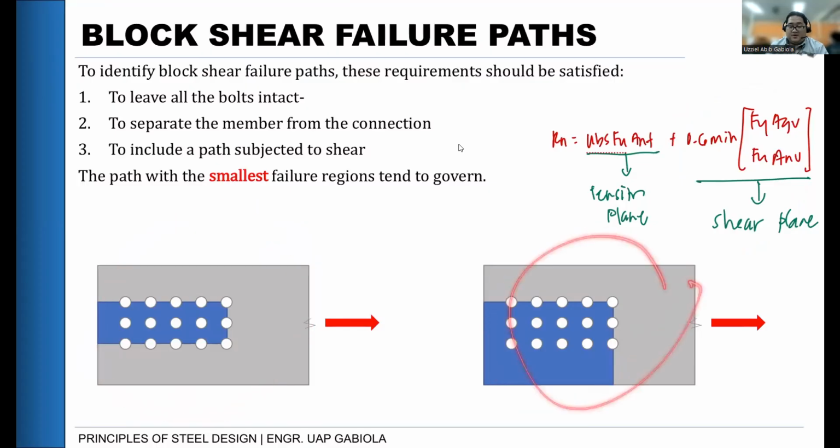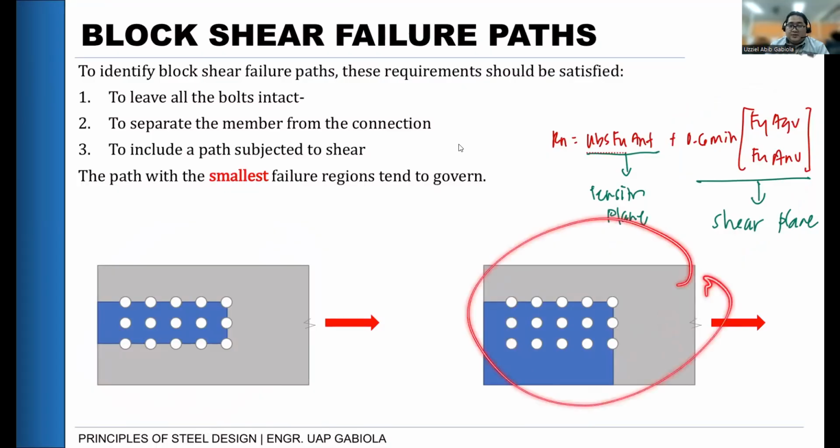So ito yung mag-govern na connection natin. Pero to be sure whether which failure path will govern, you need to calculate both of them para maipakita kung alin talaga yung mag-govern sa kanya, and also for you to have a sense of identifying which failure path is critical on a given connection. Kasi hindi naman pare-parehas lagi yung type ng connection included in our design.